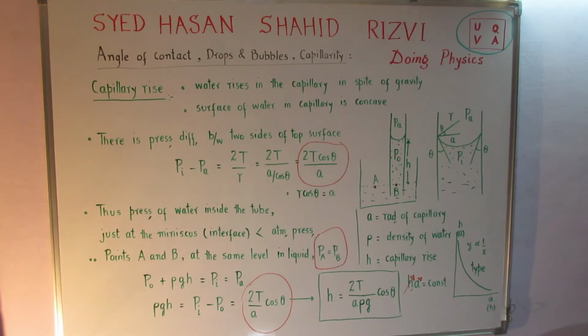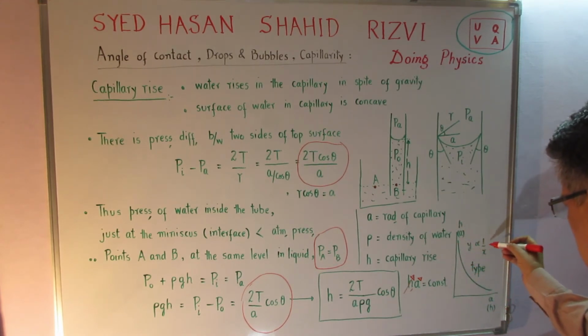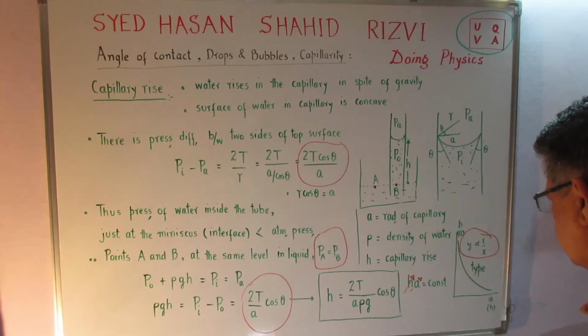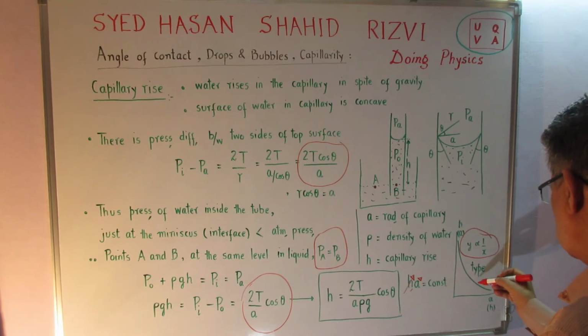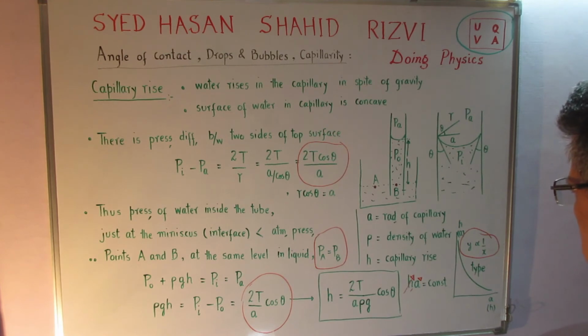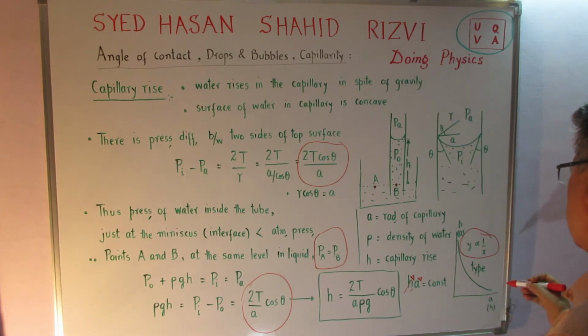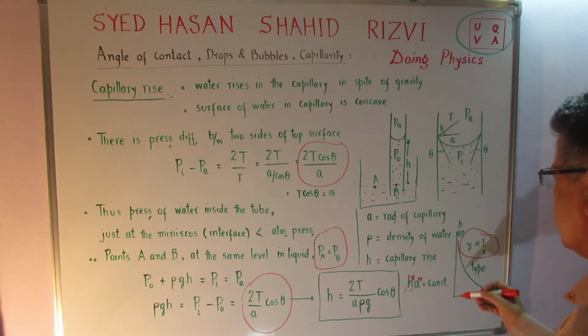Everything else being the same, H into A is a constant, which means if I draw an XY curve like this, H versus A, we get the representative graph of Y proportional to 1 upon X, that is, YX is equal to a constant. Of course, this asymptotically goes to infinity, and this also goes to 0 value.